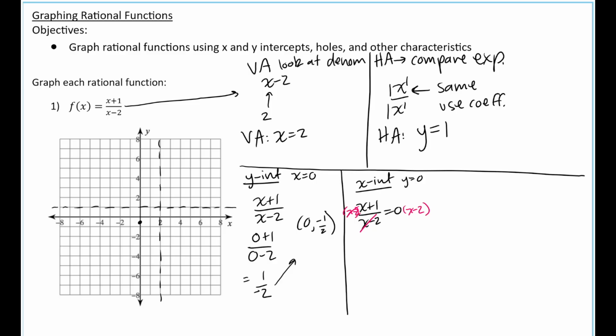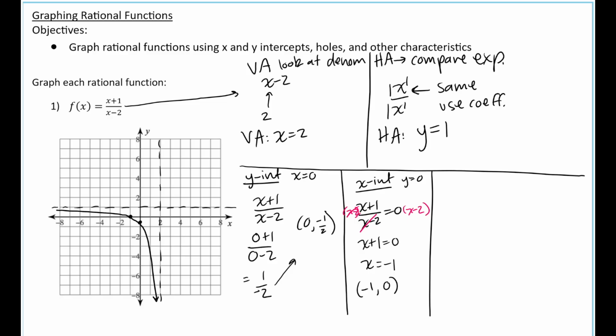Okay, now I have x plus 1 equals 0. So subtract 1 over, I get x equals negative 1. Great information. At negative 1, 0, I have another coordinate. So now I can plot that as well. Negative 1, 0.